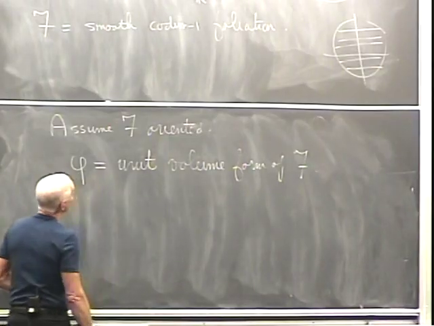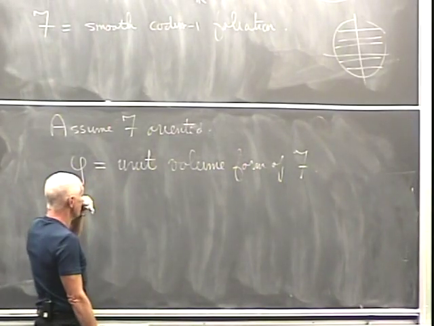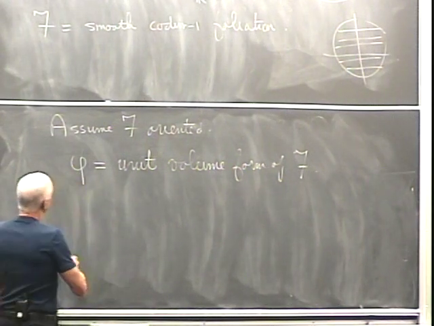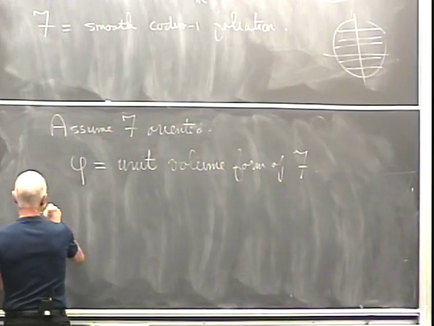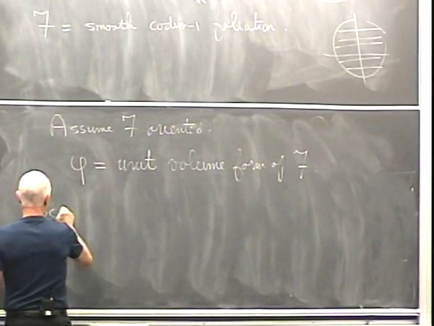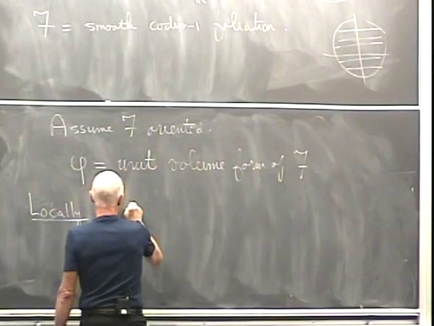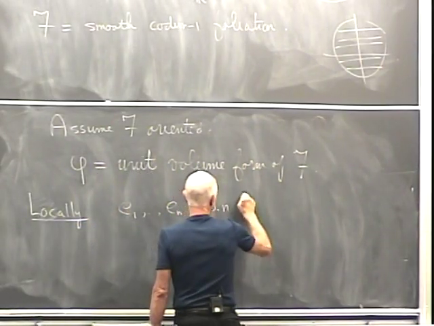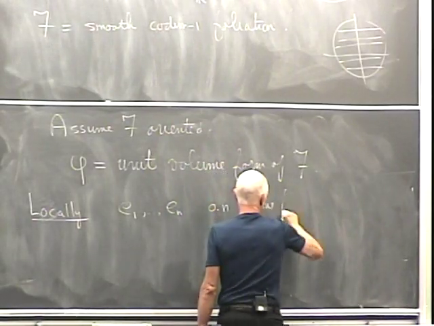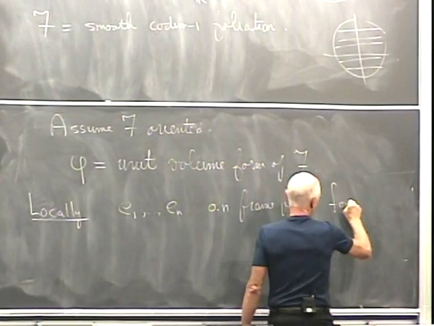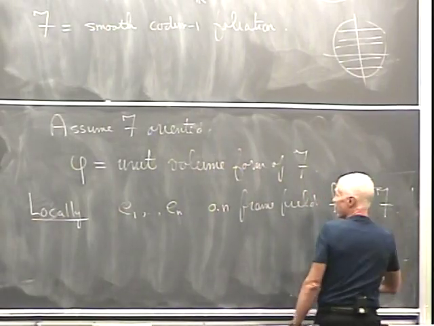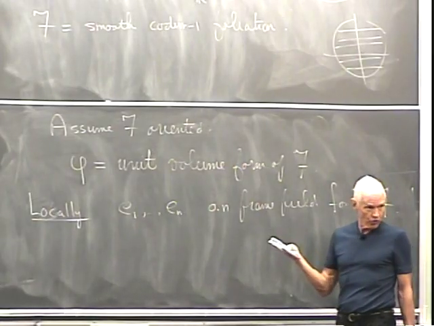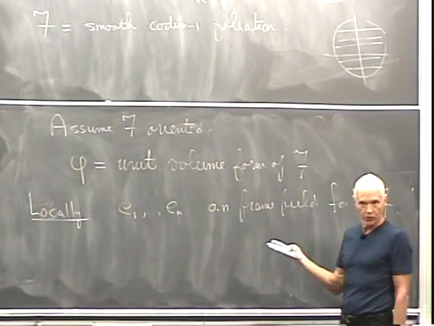What do I mean by this? Well, we have a metric here, so we can identify tangent vectors and cotangent vectors. So locally, I can choose E1 up to En, an orthonormal frame field for the tangent bundle to F. So I just choose vector fields E1 through En, which are orthonormal and are tangent to the foliation.